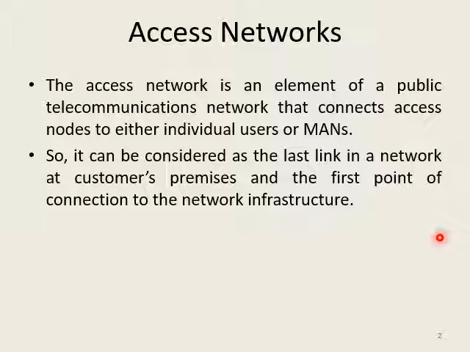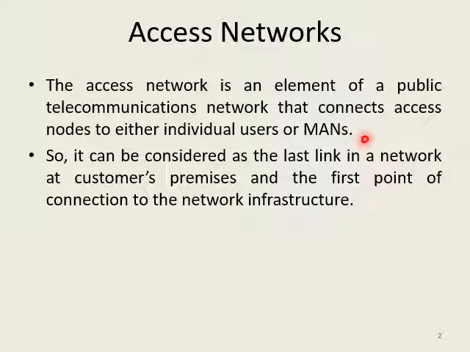I'll just briefly go through again the few topics that come under access network. So first of all, I'll redefine the access network. How can we define the access network? It is an element of a public telecommunication network that connects the access nodes either to an individual user or to the metropolitan area networks.